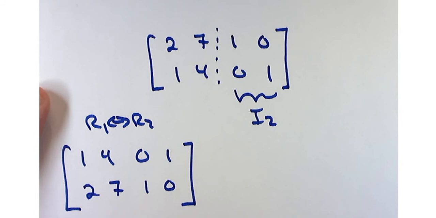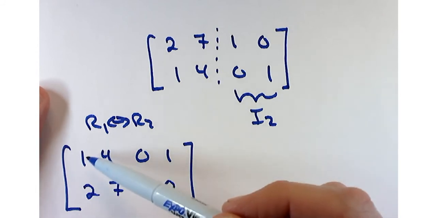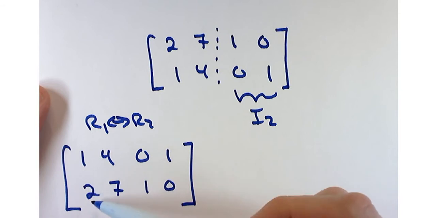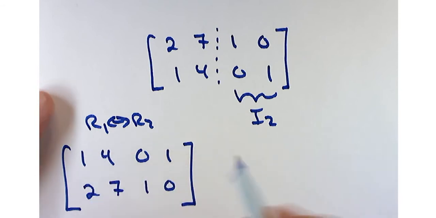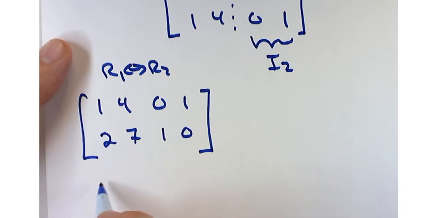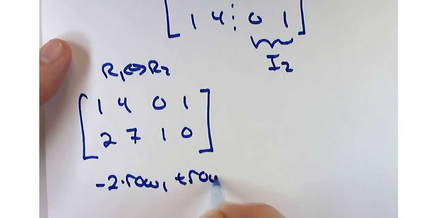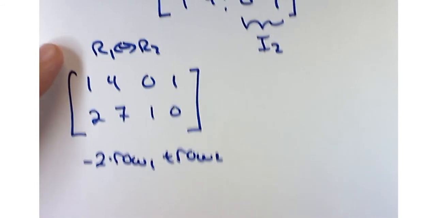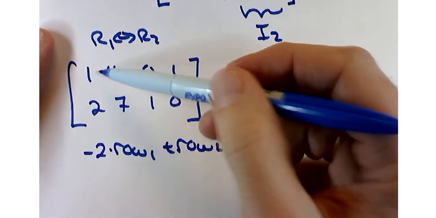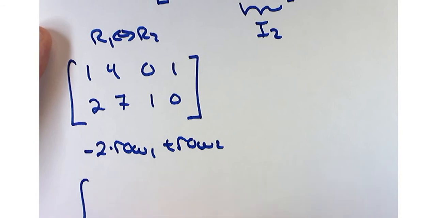Okay. Well, then what? Then I need to get a 0 here. So how could I get a 0 here? Well, I could take negative 2 times row 1 and add it to row 2. So negative 2 times row 1. Well, row 1 is going to stay the same.